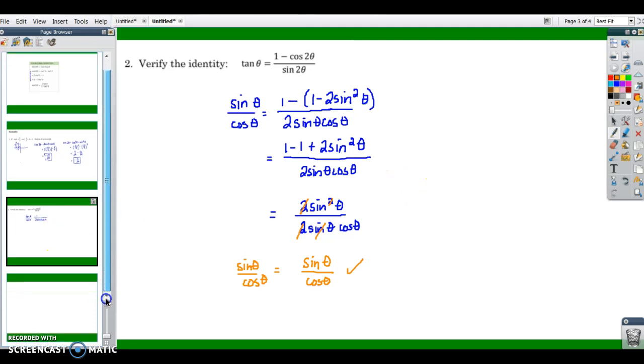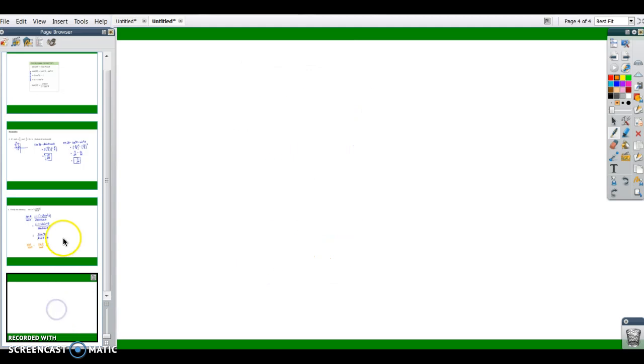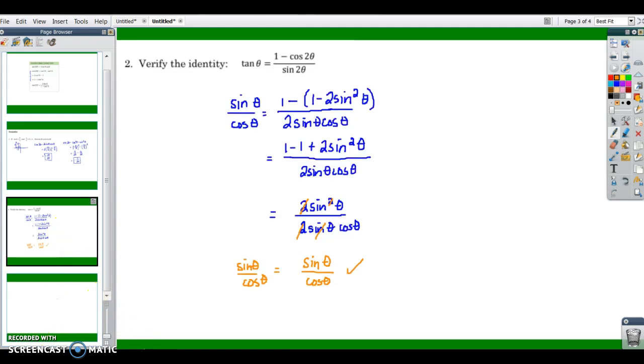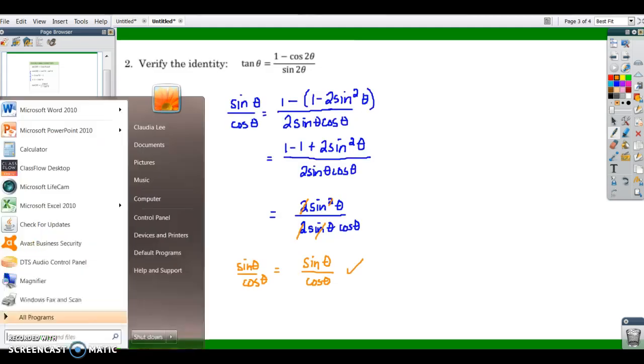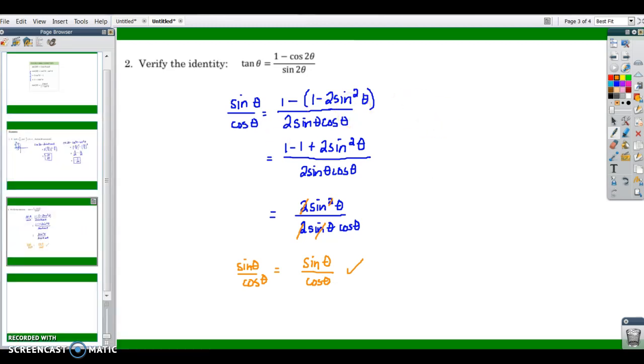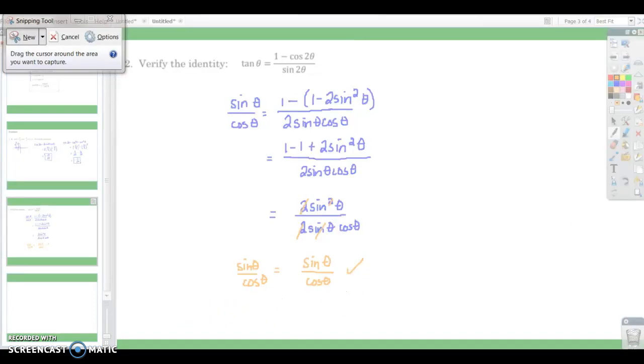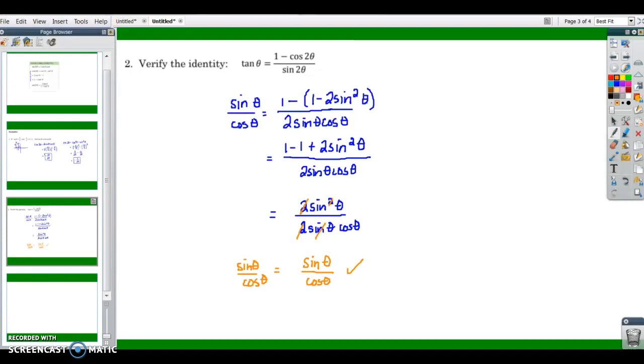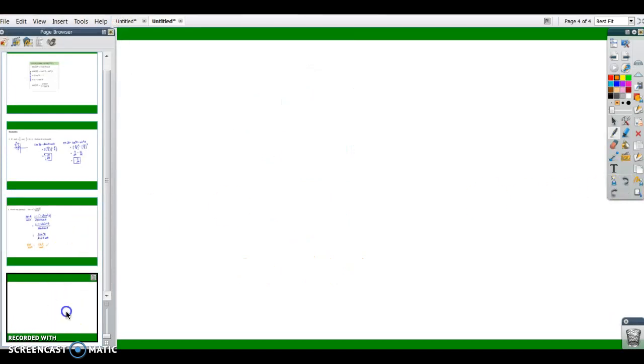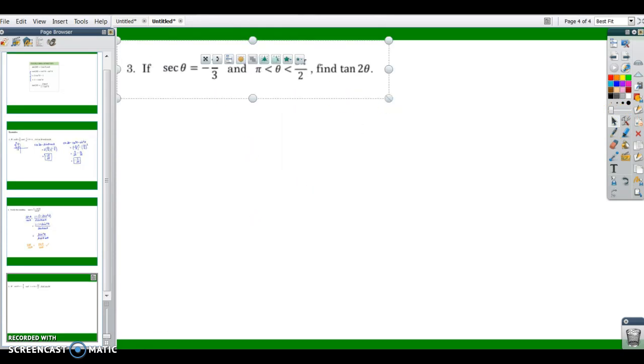Okay, and then the last problem on there is this one.